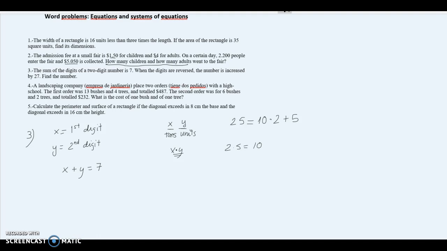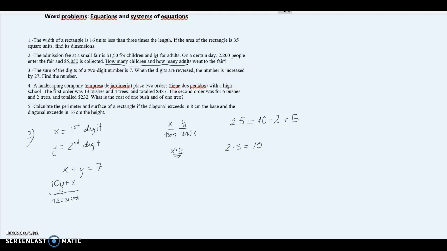So to write the number reversed, we have to write 10y, because we are reversing the digits, plus x. So this is the number reversed. Well, and the problem says that when the digits are reversed, the number is increased by 27.